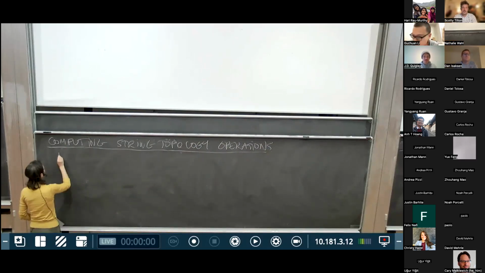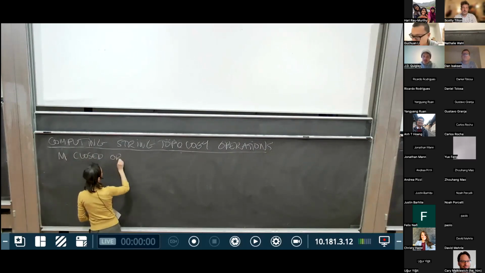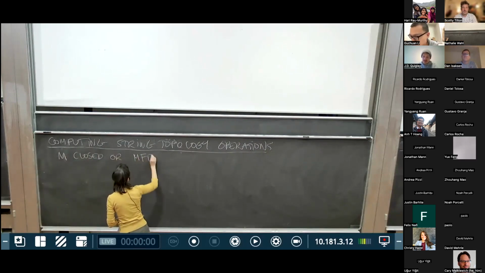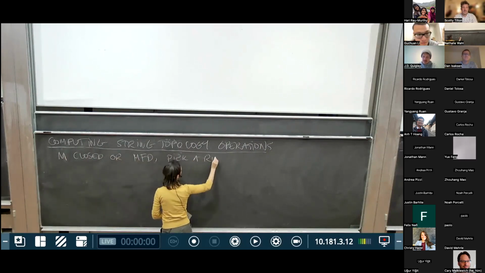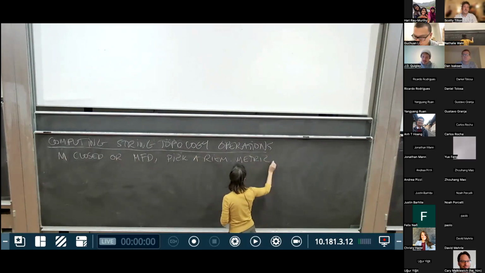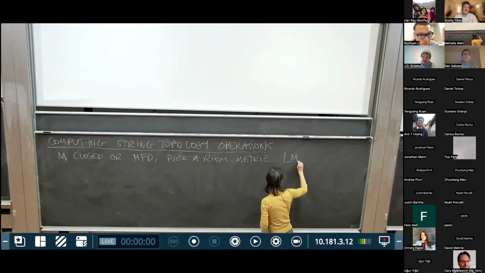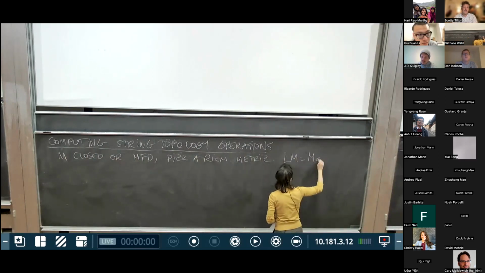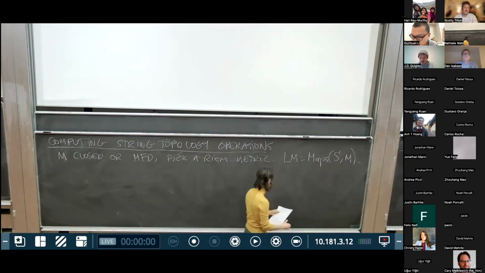So I'm going to have M for a closed oriented manifold, and for convenience, I'm going to give it a metric. And again, we have the loop space, which is maps from S1 into M.